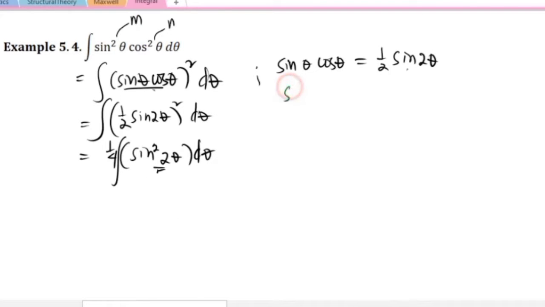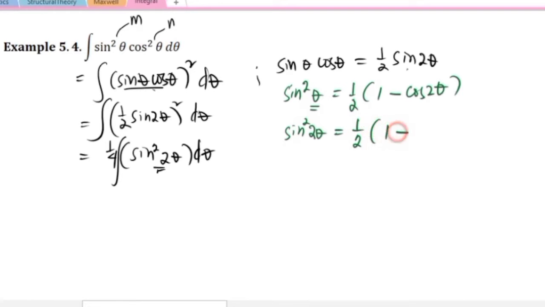So from the identity, sine squared theta is equal to 1/2 times 1 minus cosine 2 theta. So meaning if may double angle tayo, we would have sine squared of 2 theta is equal to 1/2 times 1 minus, ito madodouble din, cosine 4 theta.